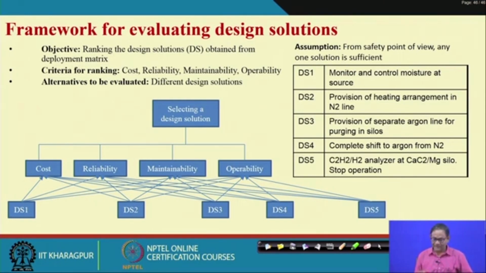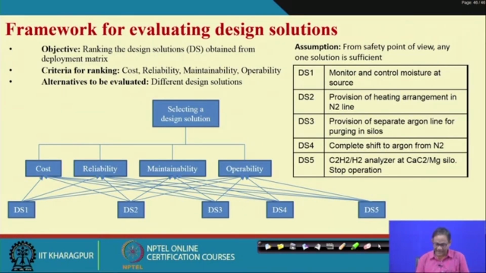Now, for a particular hazard to be addressed, there could be more than one solution that may ultimately prevent the accident scenario from happening.